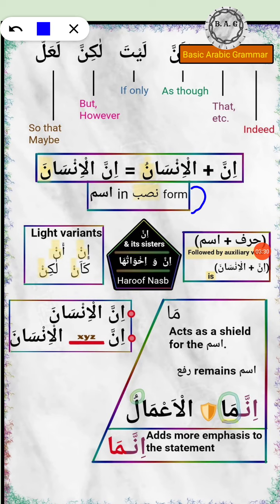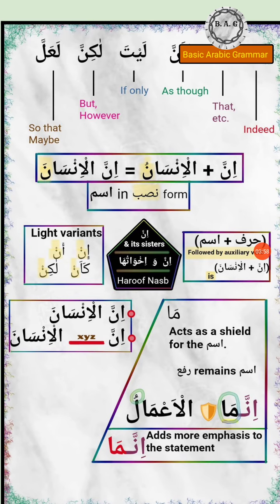So this ism al-insanu gets converted into nasab form when it gets combined with inna, or any harf nasab for that matter. Inna plus al-insanu is equal to innal insana. Quite straightforward. Similarly laita al-insana, lakinna al-insana, la'alla al-insana. There are many other combinations. So this is our first point.